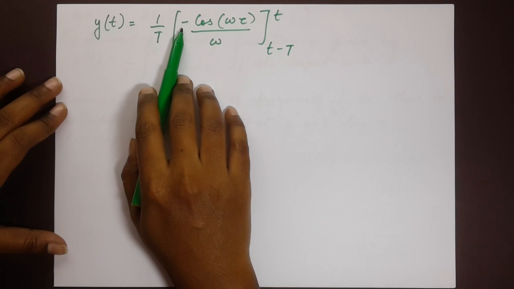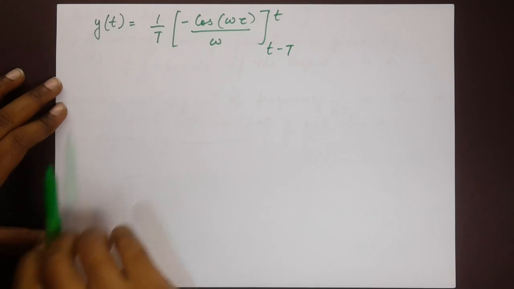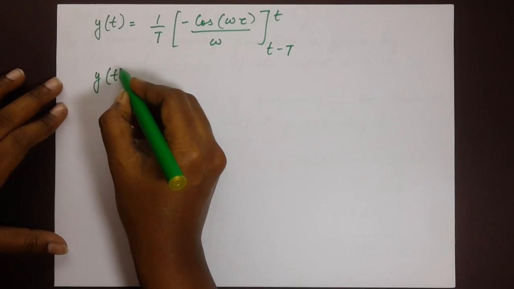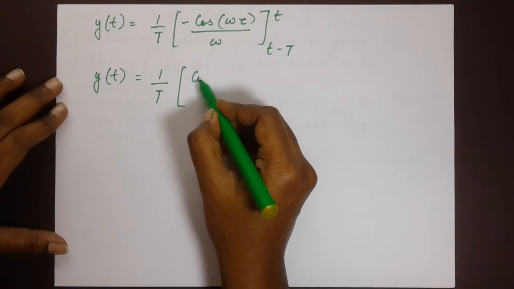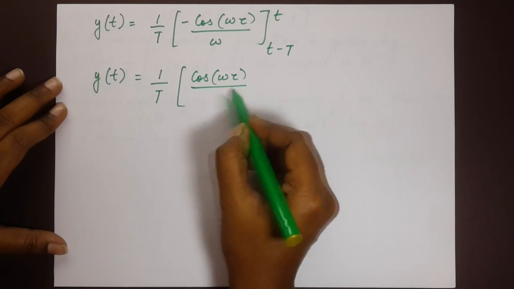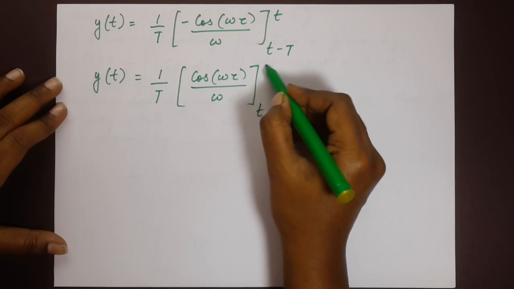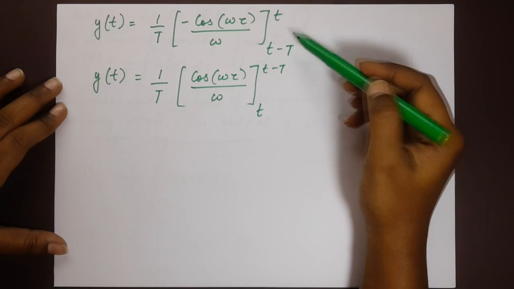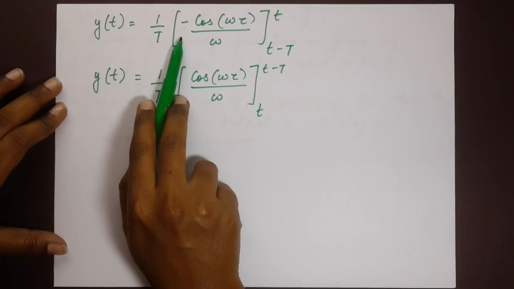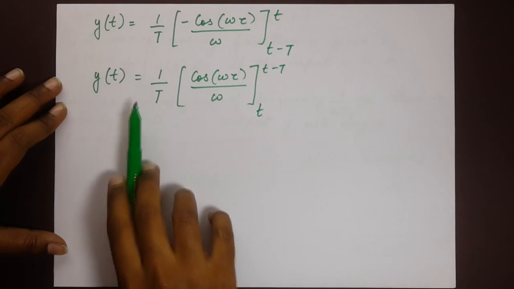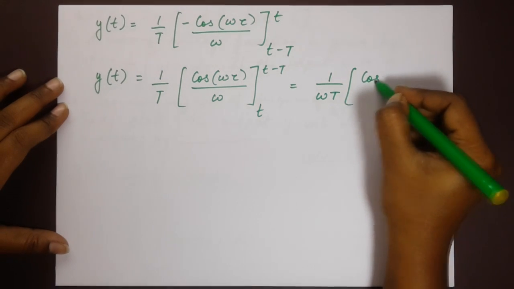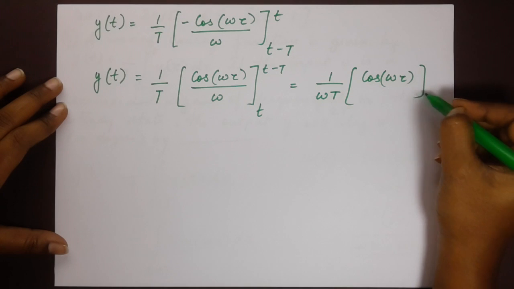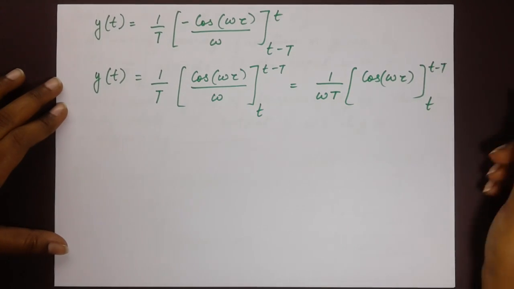Now since we have a negative symbol over here, let's flip the limits so that we can evaluate the expression for a positive term. So this term becomes positive when we write it as cos omega tau by omega from t to t minus T. So I flipped the limits over and eliminated the negative sign. Now we'll take omega outside, 1 by omega T cos of omega tau from t to t minus T.